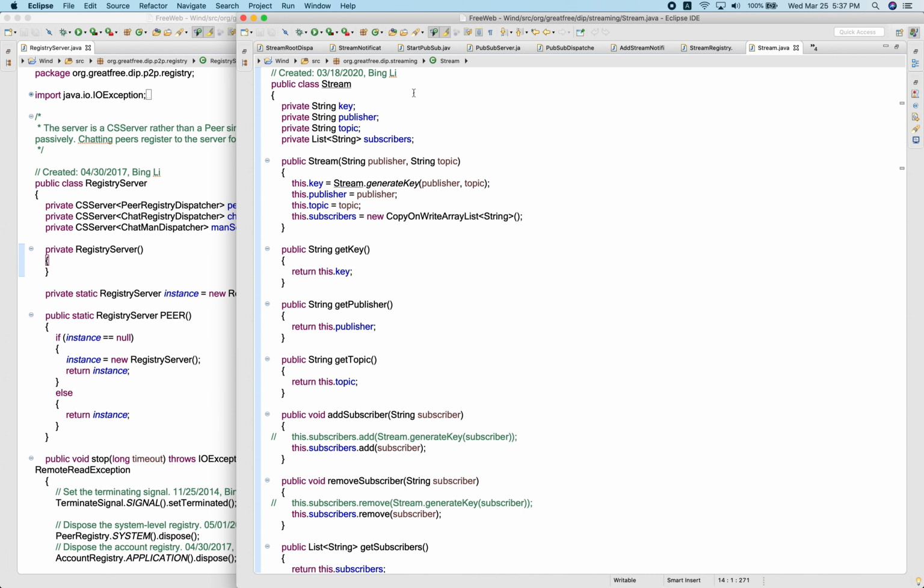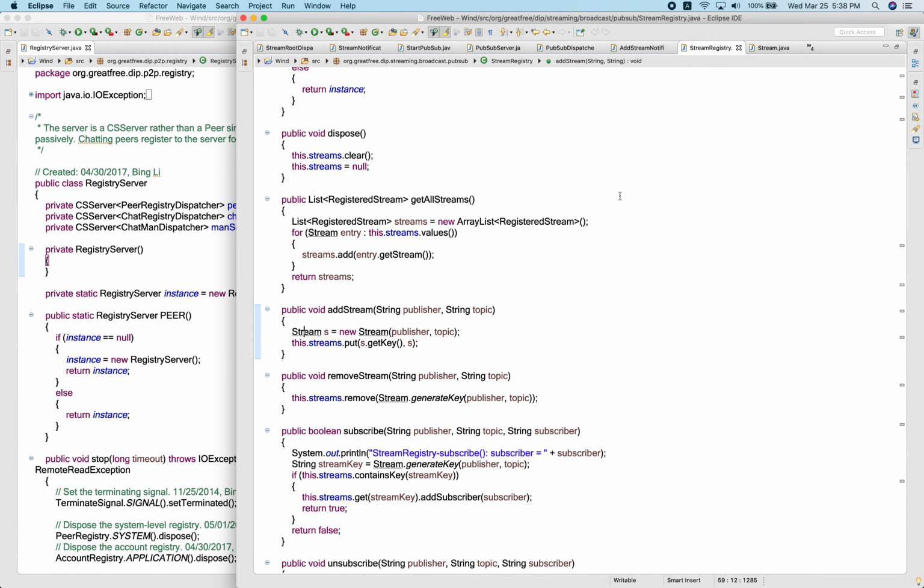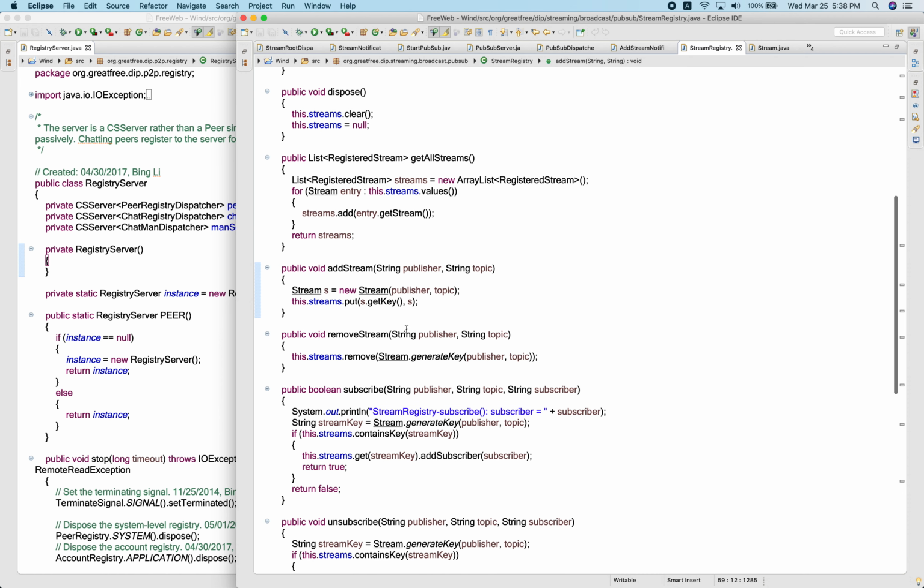So if we need to know which subscribers are interested in this data, we can access this registry and get to know the subscriber information. Okay, we can also remove if the publisher is not interested in this topic.